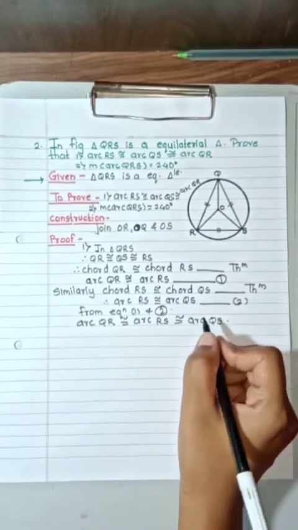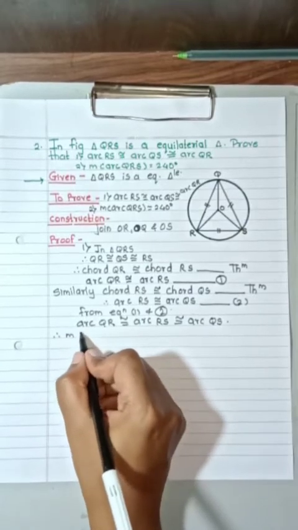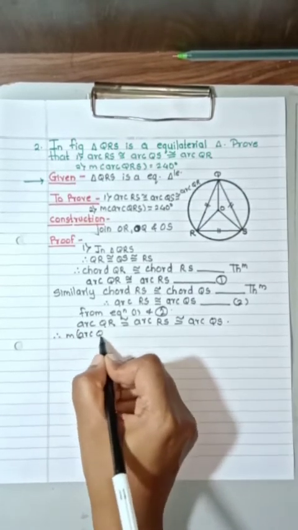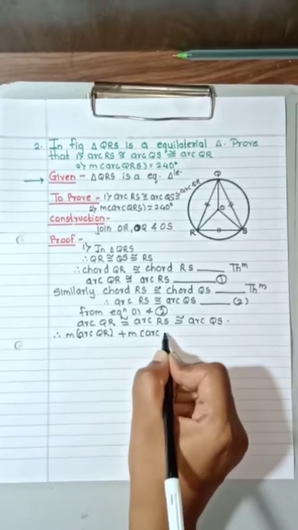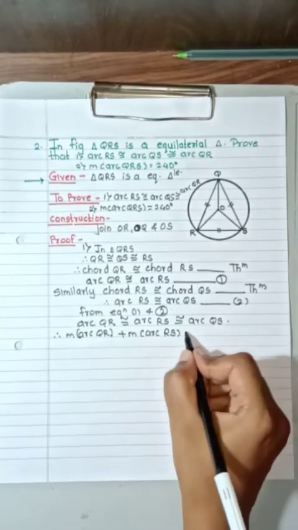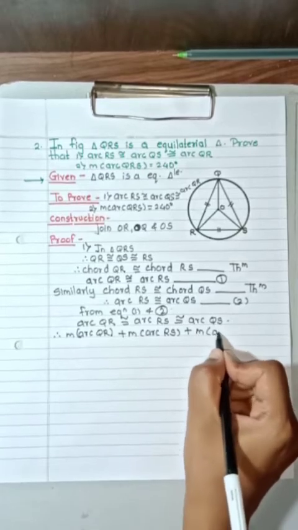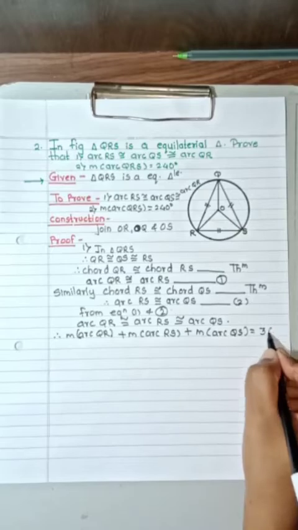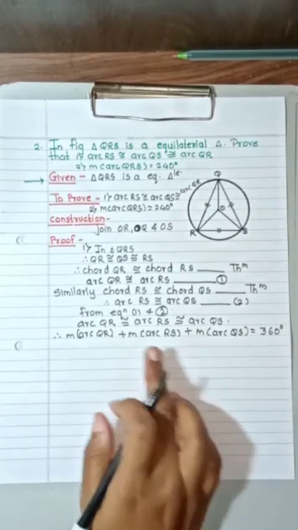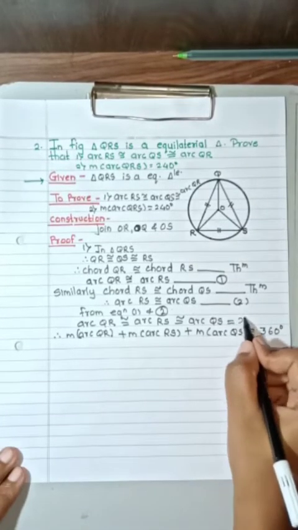Therefore measurement of arc QR plus measurement of arc RS plus measurement of arc QS is equal to 360 degrees. Now suppose this all is equal to x.